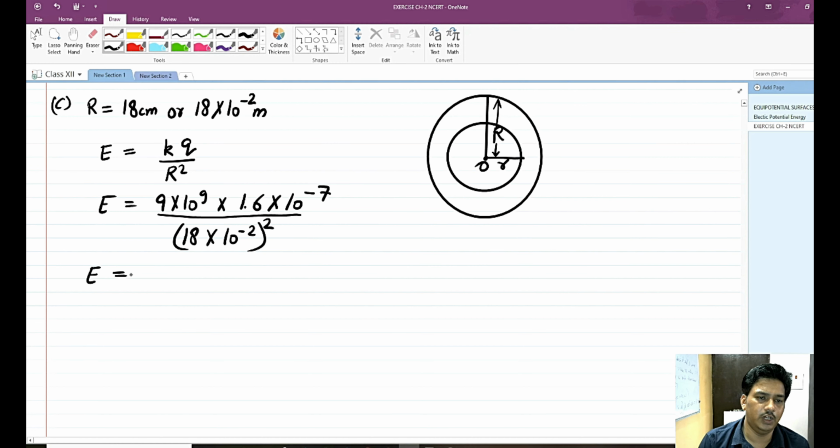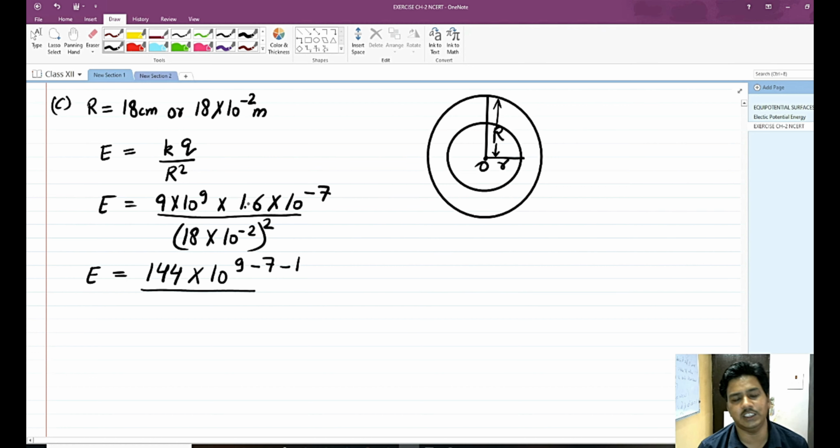Now E is equal to 16 nines are 144, so it is 14.4, or I can write it as 144 into 10 to the power 9 minus 7 minus 1. Minus 1 for removing the decimal from 1.6. Now 18 square is 324, multiply by 10 to the power minus 4.